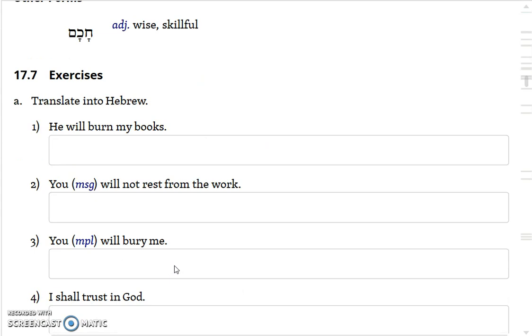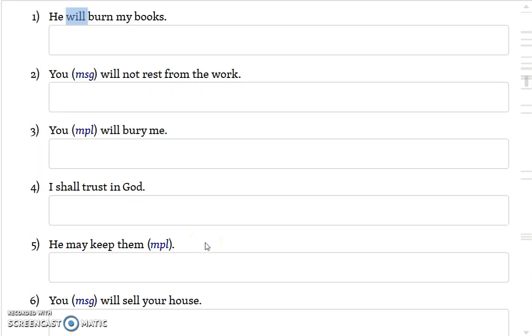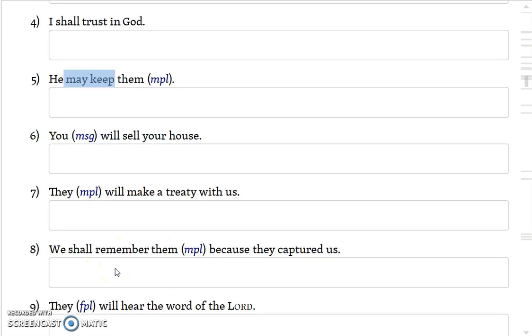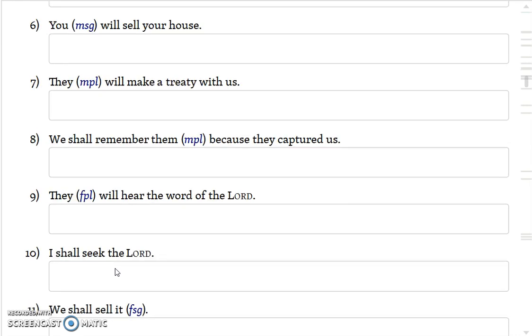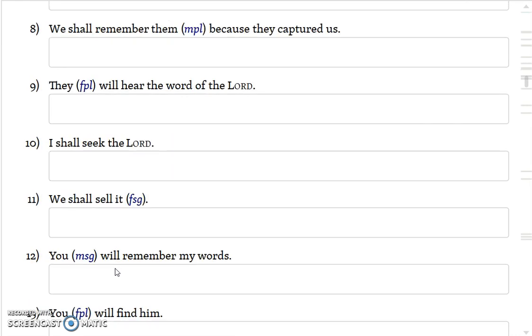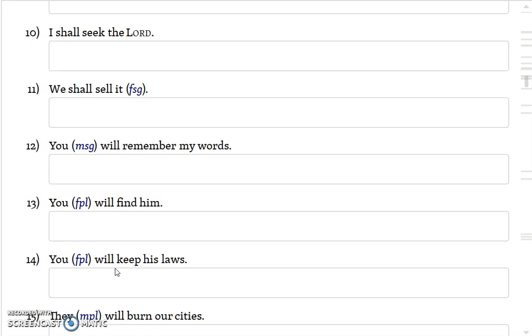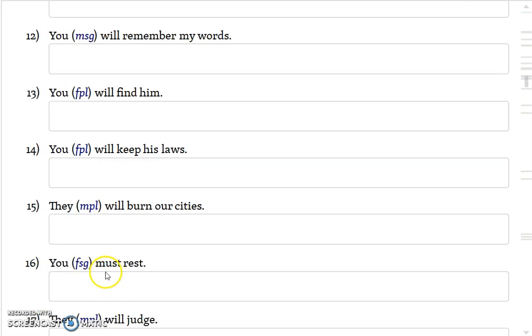Now the exercises are going to emphasize using the imperfect. So if it says he will do something, well, that implies an imperfect. Or he may keep them, that would also be an imperfect. So you may get some modal usages in here, although most of them you must keep.